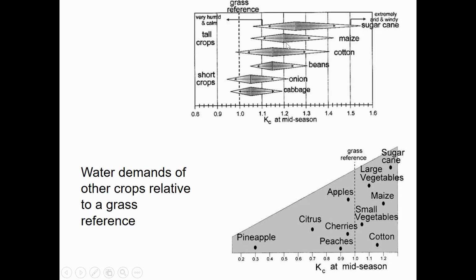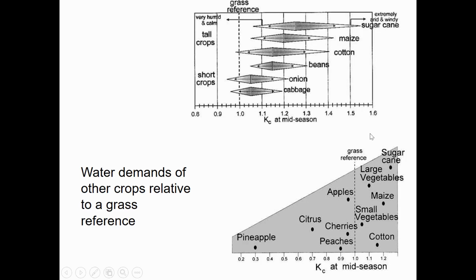This is saying that you'd have more evaporation for corn than you would for grass. The reason might be that if you think about how tall a stalk of corn is, there's a lot more surface area to the plant mass. And here's at mid-season another view of corn. This is the range of values, whereas this is just point values.